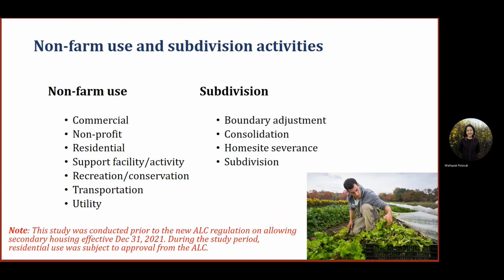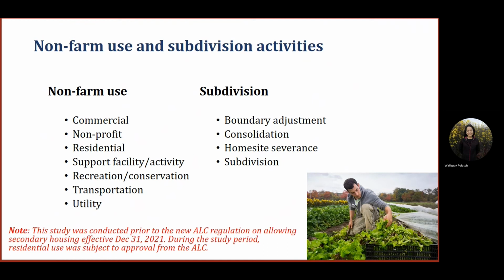Consolidation involves 2 or more parcels being combined, creating a new parcel of a bigger size. The number of parcels after this activity is carried out is smaller than the starting number of parcels when the application goes in. Next is home site severance, which involves a subdivision activity to create a separate parcel by a landowner who has continuously owned and occupied a property since before the ALR was established.